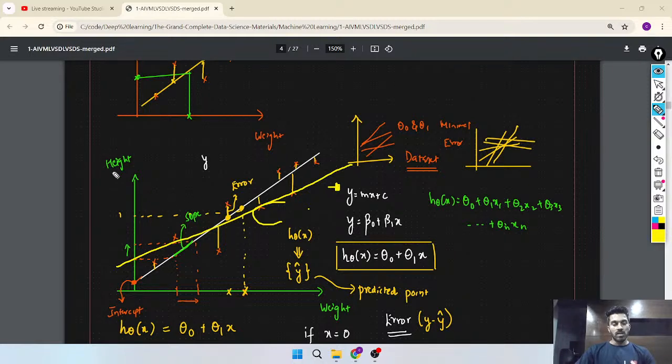That's why we do not use linear regression if your data has outliers. To reduce the impact of outliers, we use ridge and lasso regression to overcome this. So today we will learn about this.